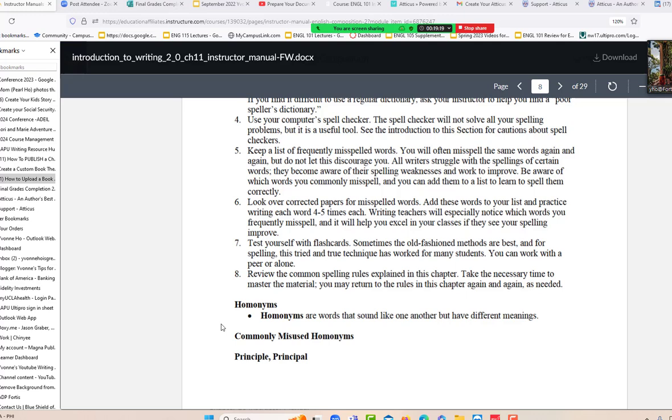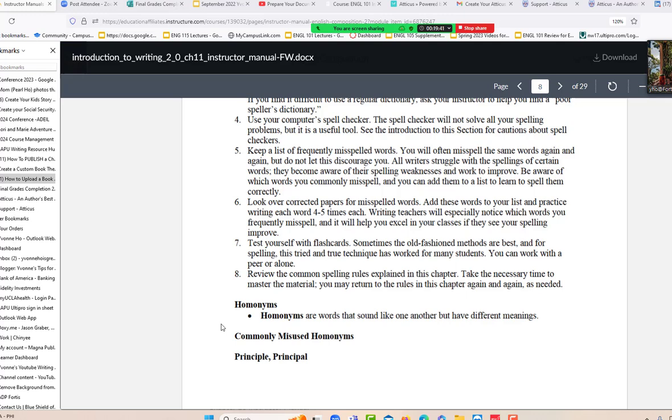Look over corrected papers for misspelled words. Add these words to your list and practice writing each word 4 to 5 times each. Writing teachers will especially notice which words you frequently misspell, and it will help you excel in your classes if they see your spelling improve.